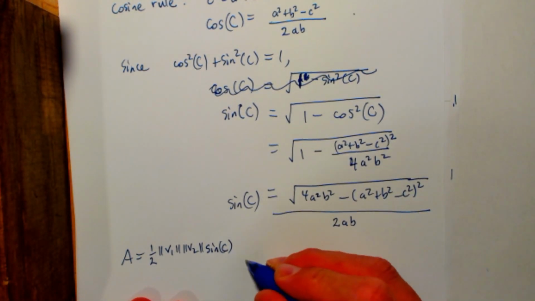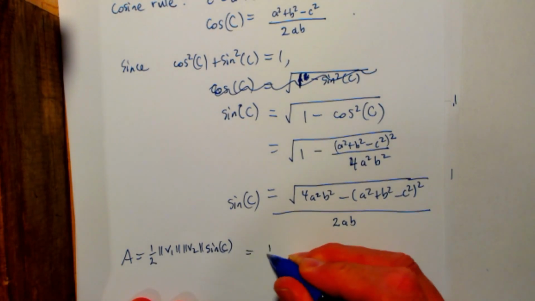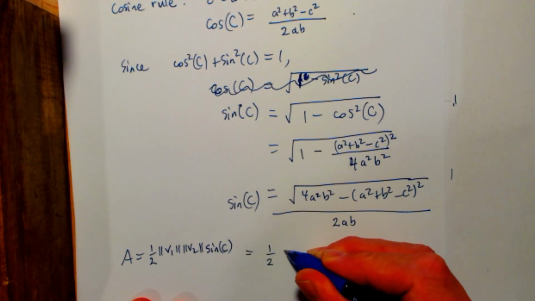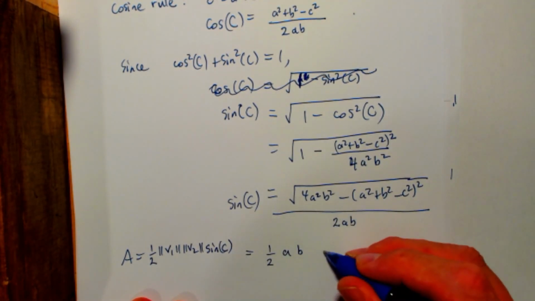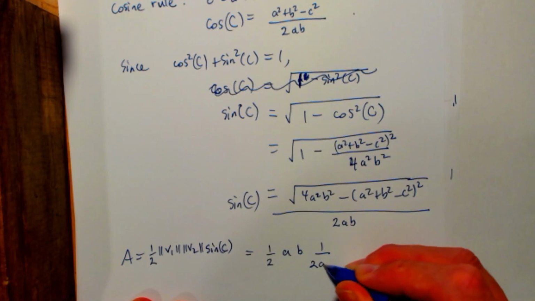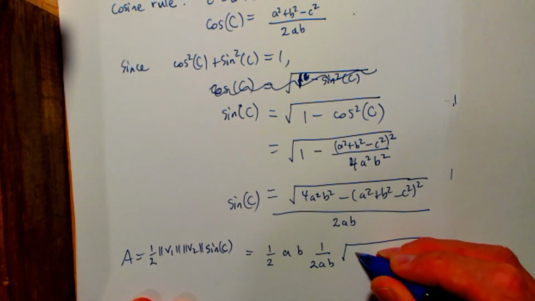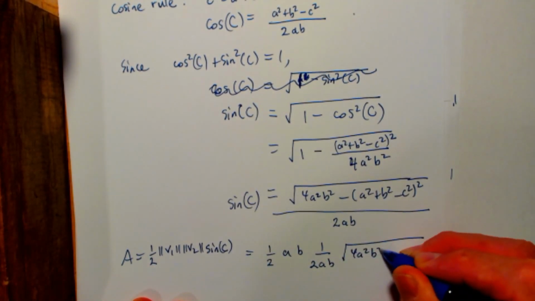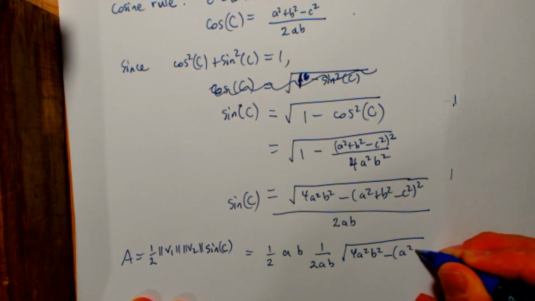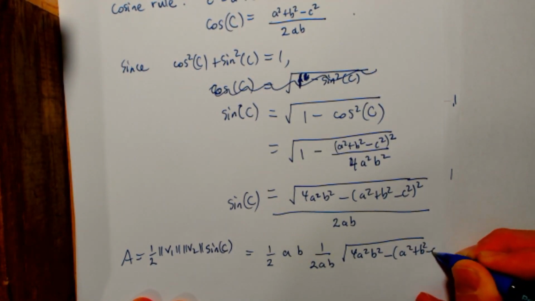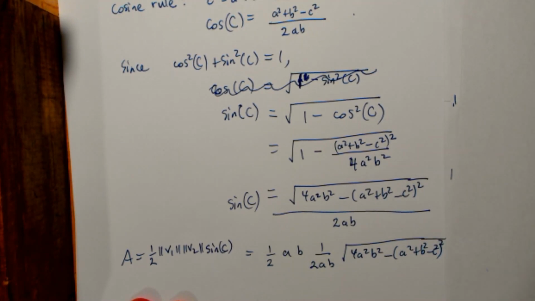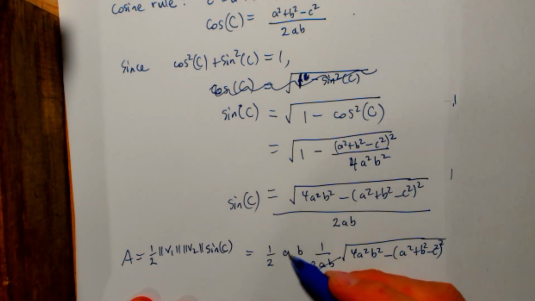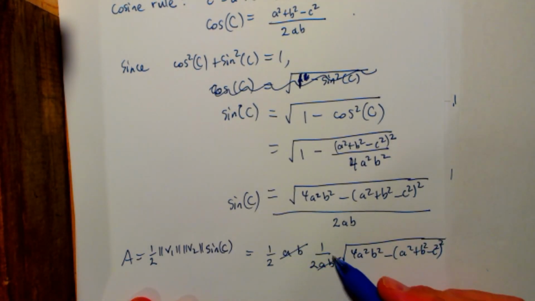So this says this is 1/2 of ab sine c, but that's equal to 1 on 2ab times the square root of 4a squared b squared minus, in brackets, a squared plus b squared minus c squared, squared. Okay, so we can cancel the ab there, and we have 1 on 4.